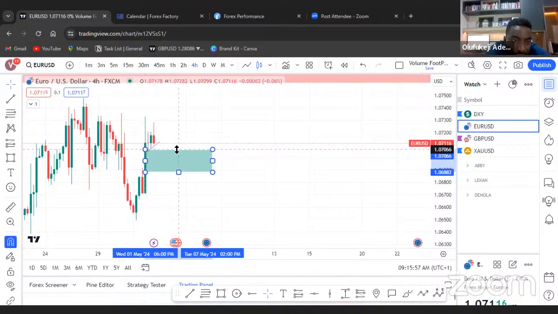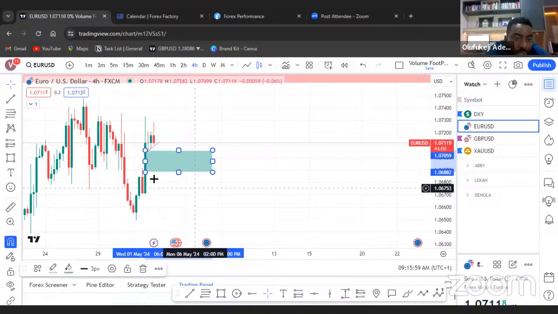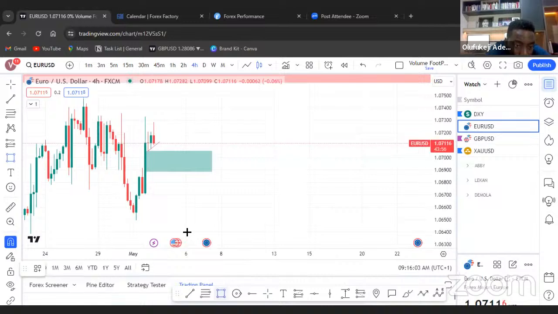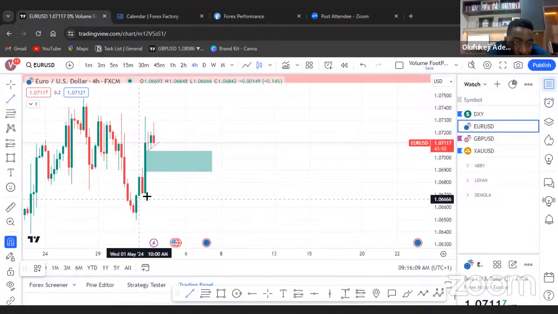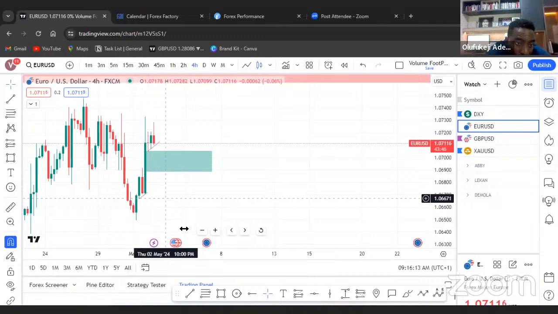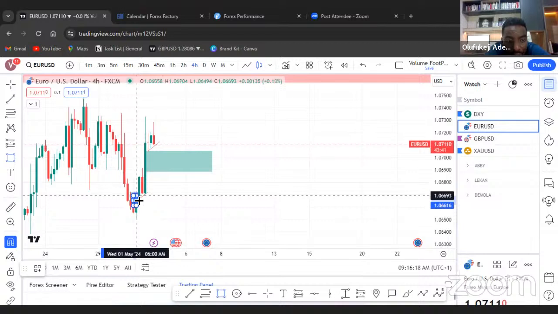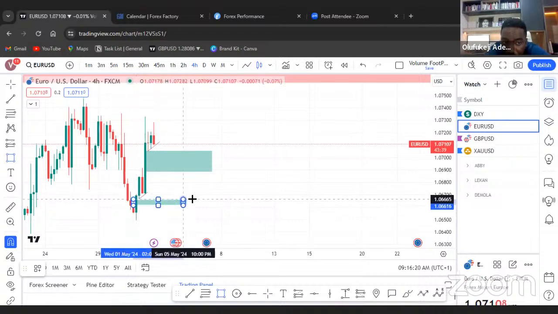Then below that too, there's another support liquidity and a fair value gap below. You can see the fair value gap there. Diagonal support liquidity, fair value gap.